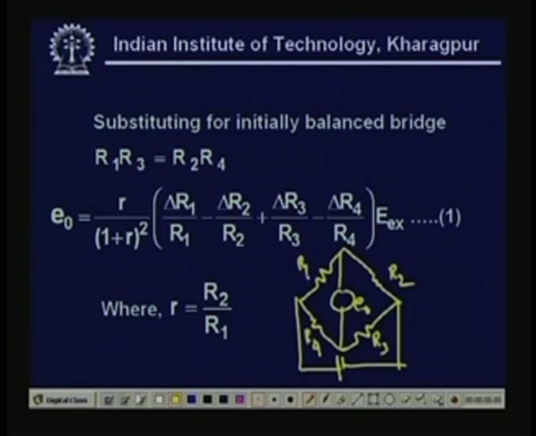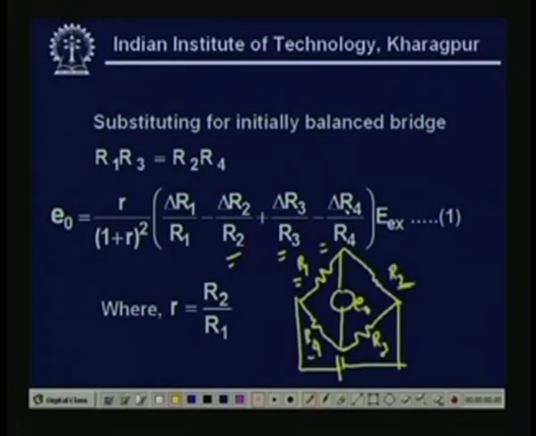If R1 is our strain gauge, and R2, R3, R4 are fixed resistances, in that situation all these terms, that means delta R2 by R2, delta R3 by R3, delta R4 by R4, all will be 0. So, our output will be E naught equals delta R1 by R1 multiplied by 1 by 4 into E_ex. So, you can see that if I use 4 gauges, I can make the sensitivity almost 4 times. You will find that this is very much true.